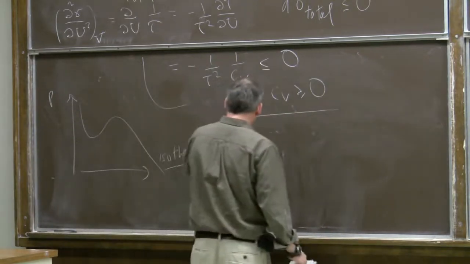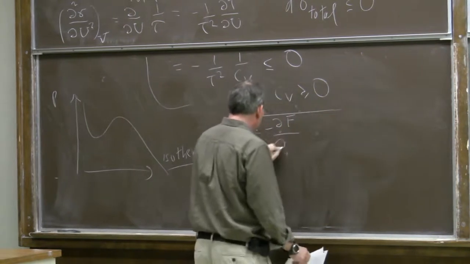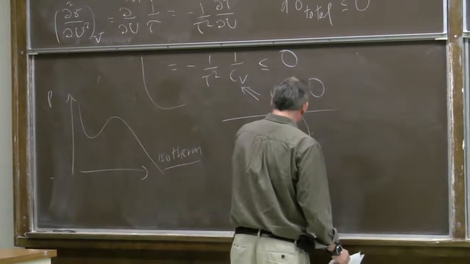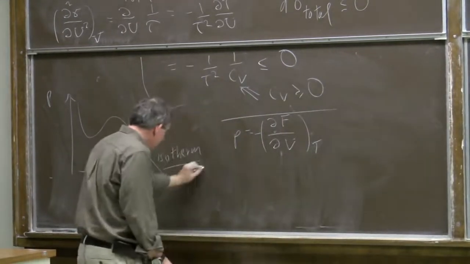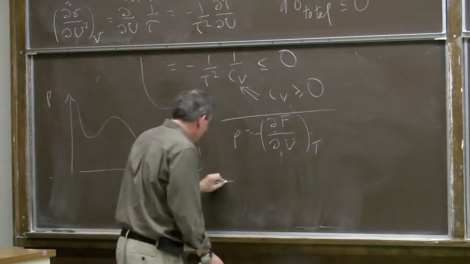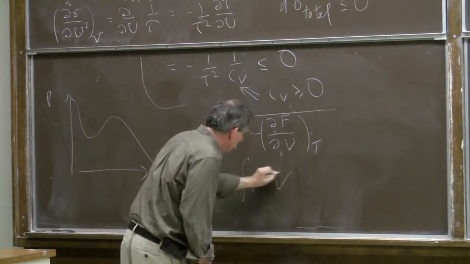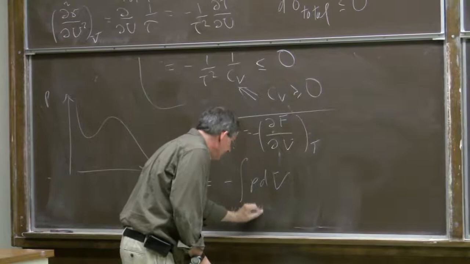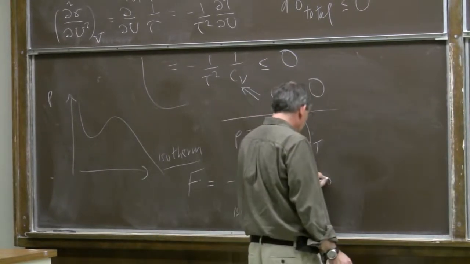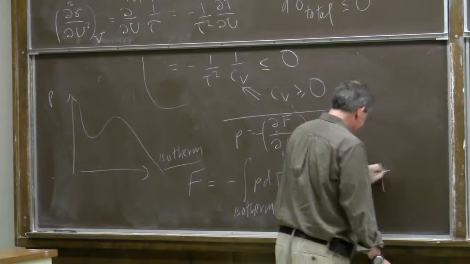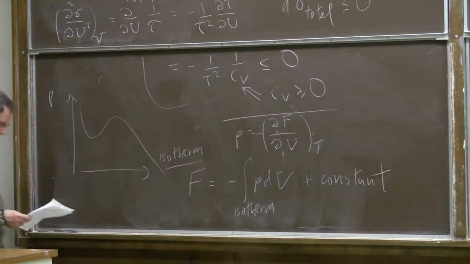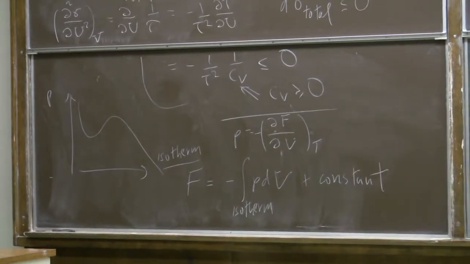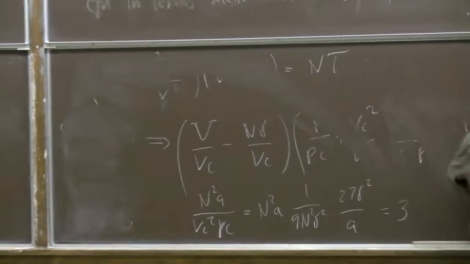Since we know the pressure is minus the derivative of free energy with respect to volume at constant temperature, we can write the free energy as a function of the volume as minus the integral p dV along the isotherm plus some constant of integration. So what does the free energy look like if we plot it as a function of the volume?